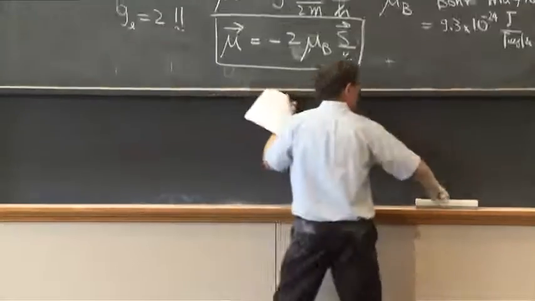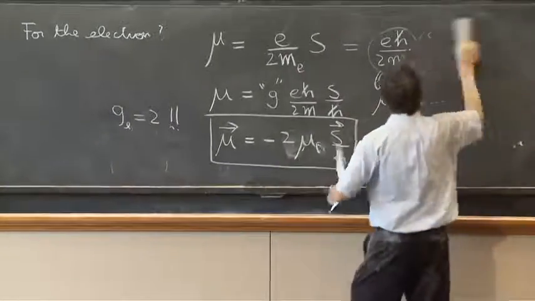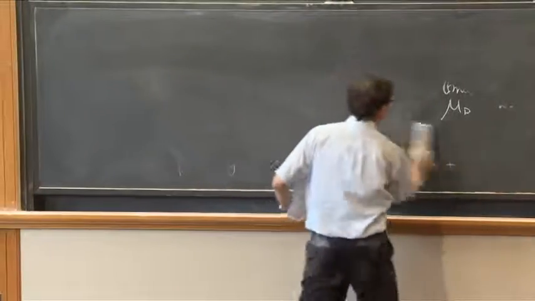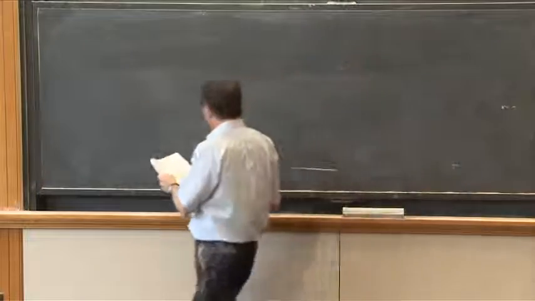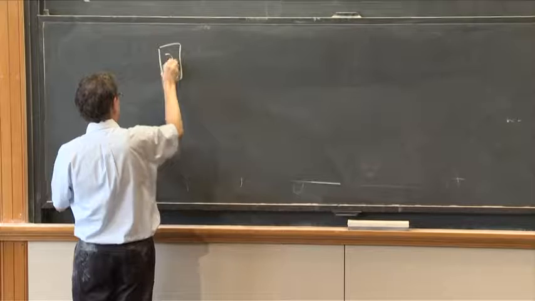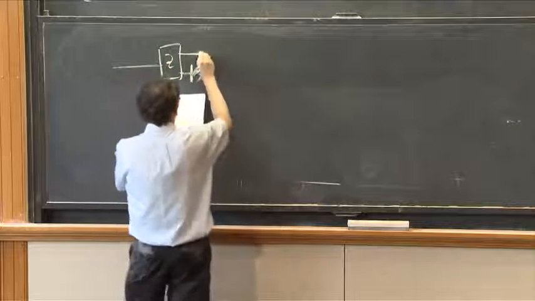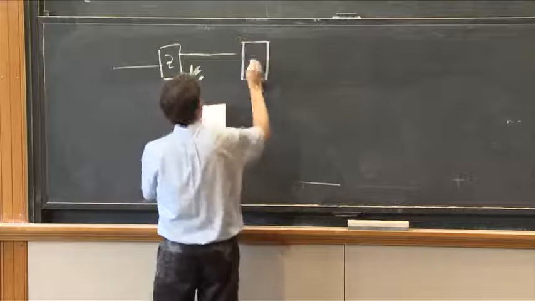Then you do the following experiment. So let's do the next one. And the next one is, again, the Z filter. Take this one, block it. Then you put an X filter.